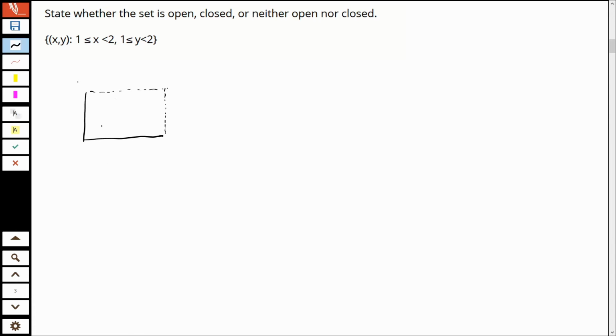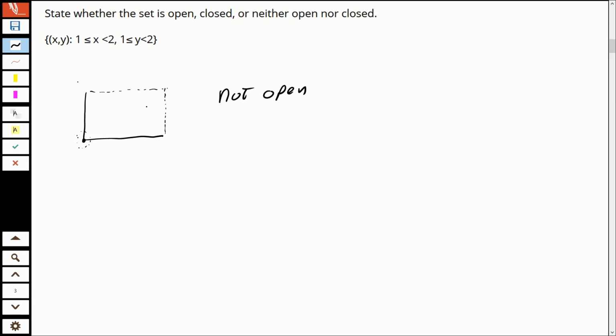Here I can find a point where no matter what circle I draw around it, no matter how small, it's never fully contained inside my set. Since such a point exists, this is not an open set. Because it has some points on the boundary, it's not going to be open.